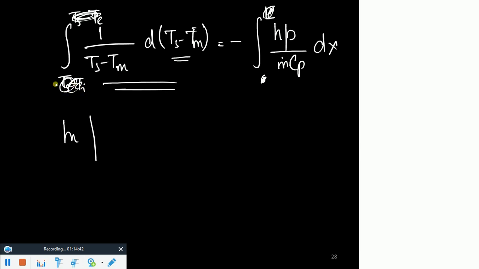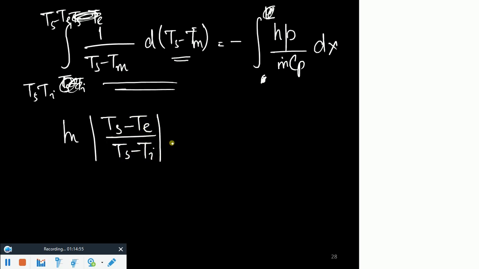And if you plug in the limits, Ts minus Ti over Ts minus Te, you would write it down as the natural log of Ts minus Te over Ts minus Ti, and this would become h A_s, because it would be P into L, and minus sign would be there, over m dot Cp.